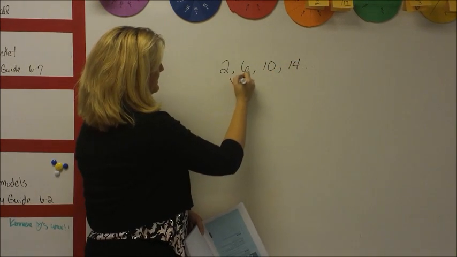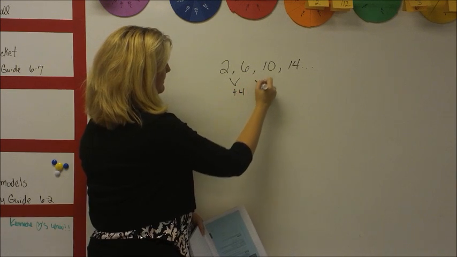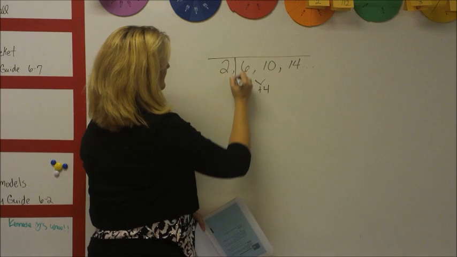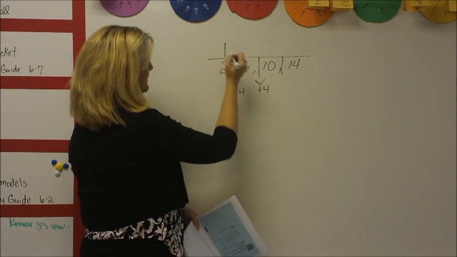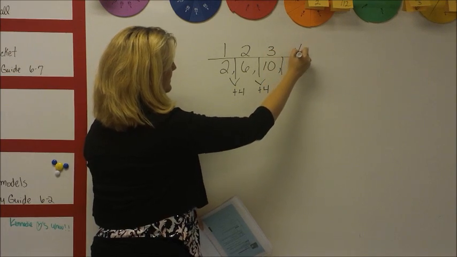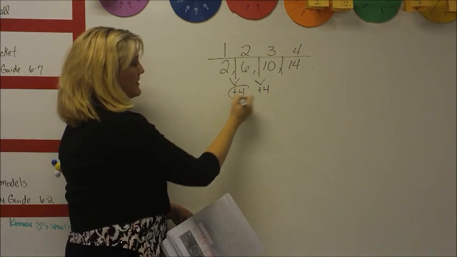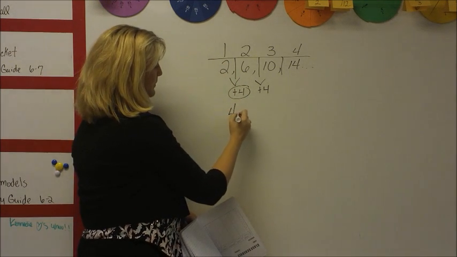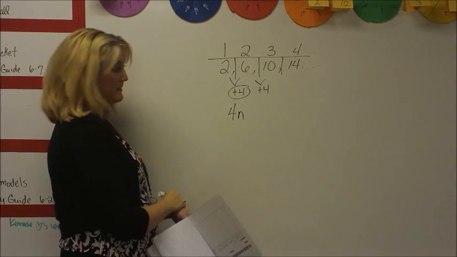My common difference is 4, right? Plus 4. So, first position is a 2, second position is a 6, so on and so on. I know that this common difference is what I'm going to multiply the term number by. 4 times whatever the term number is.